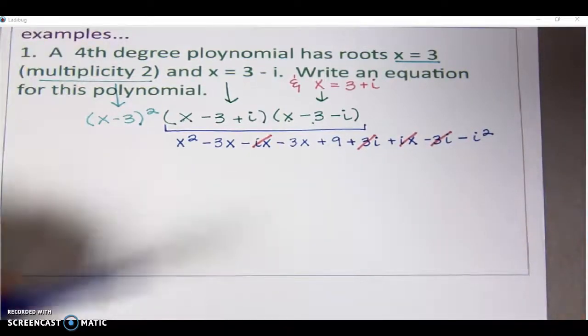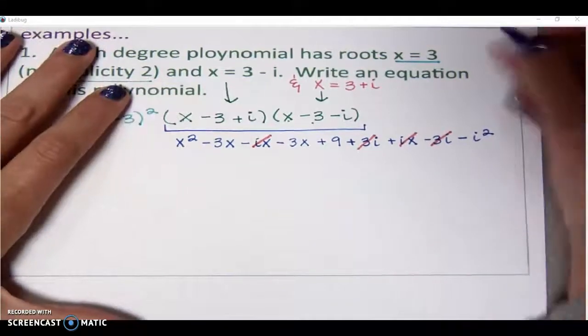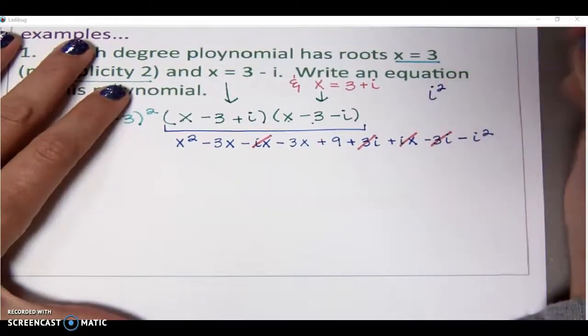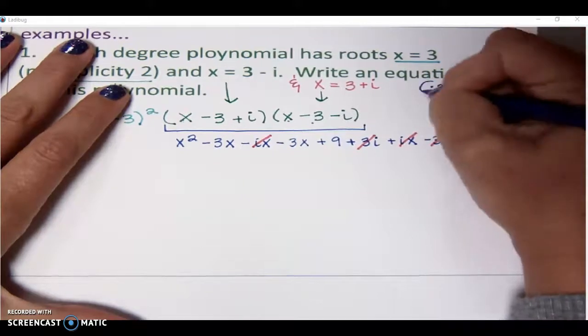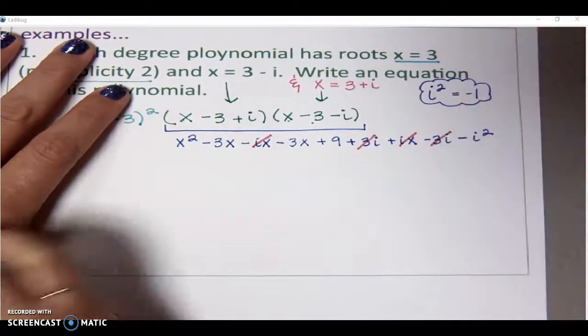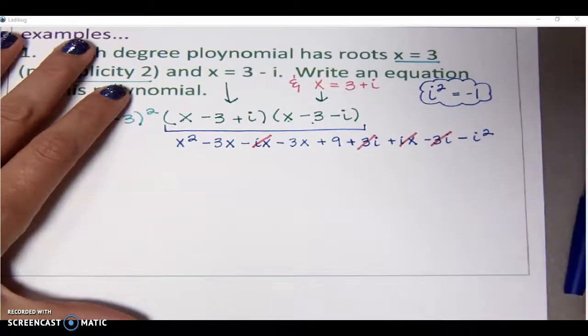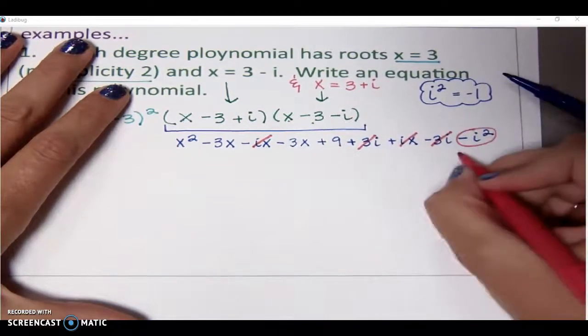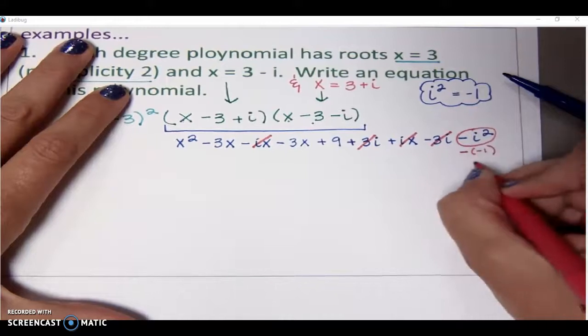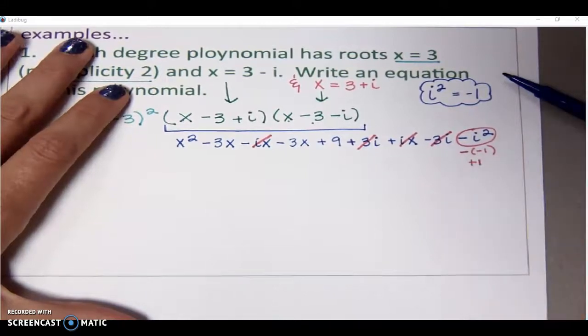If you remember from previous classes, i squared is equal to negative 1. So because I have negative i squared here, this is negative times negative 1, so this is going to be a positive 1 here.